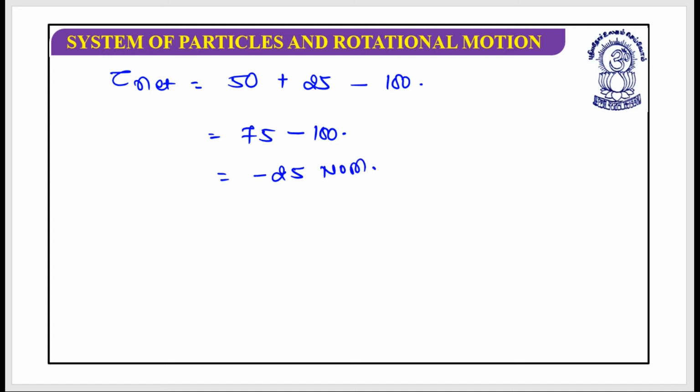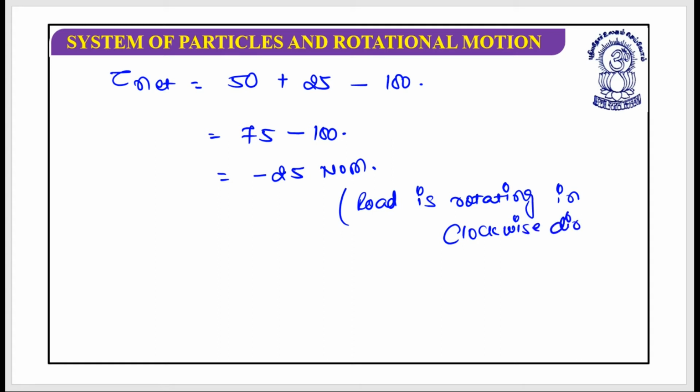When I say minus 25 Newton meter, that means the rod is rotating in clockwise direction, so this torque is represented as negative.